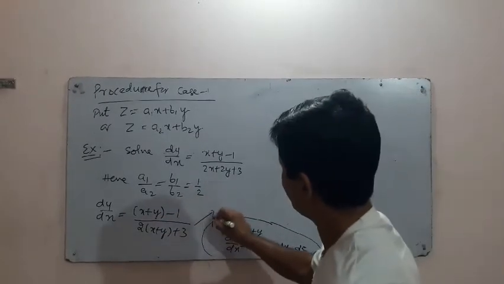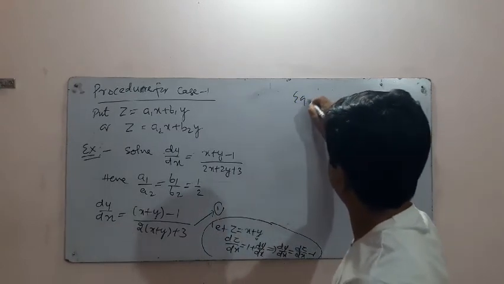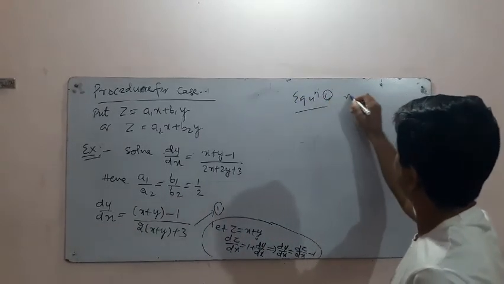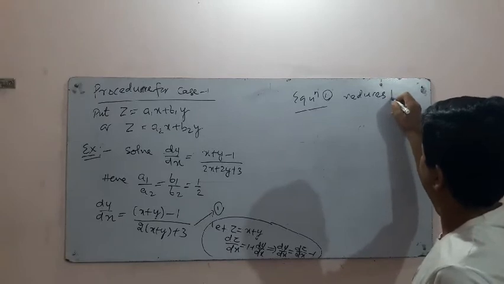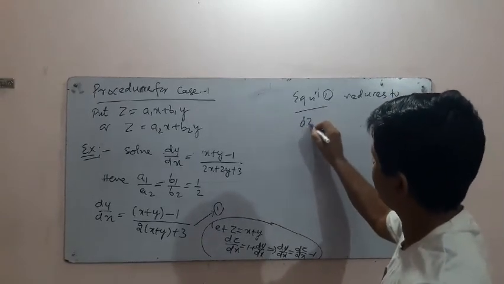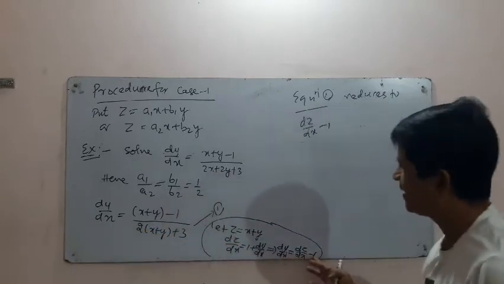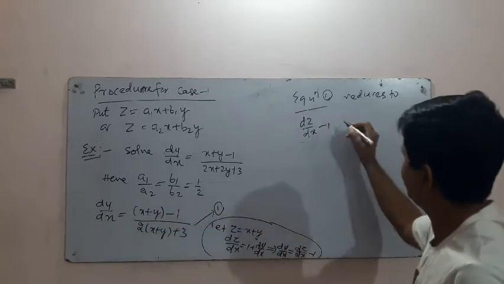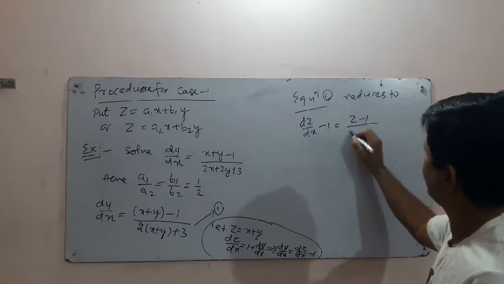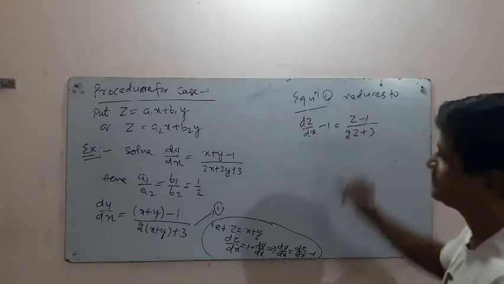Now equation 1 reduces to dz by dx minus 1, dy by dx value dz by dx minus 1, right side z minus 1 by 2z plus 3. Right?